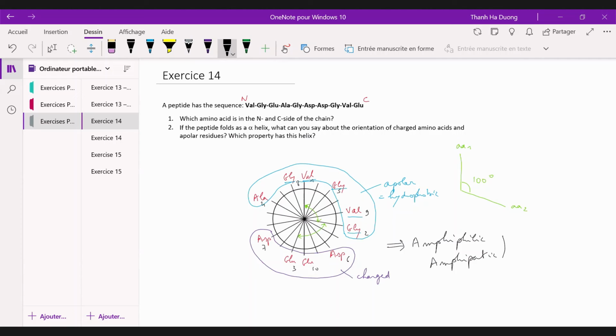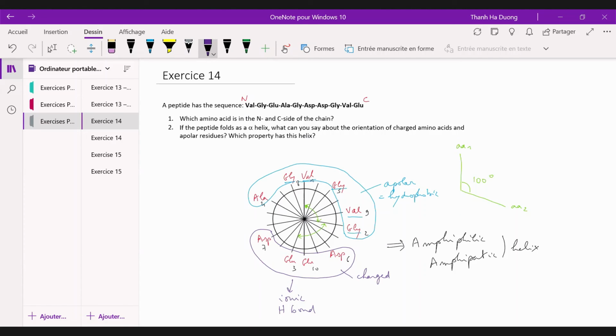Okay, helix. So it means that you can have interaction between several helices. You can have ionic, polar or H-bond interaction with this part of this protein, with, for example, another alpha helix.